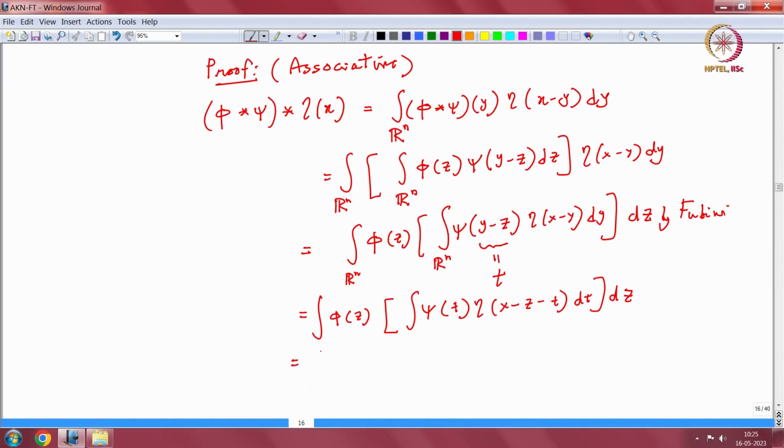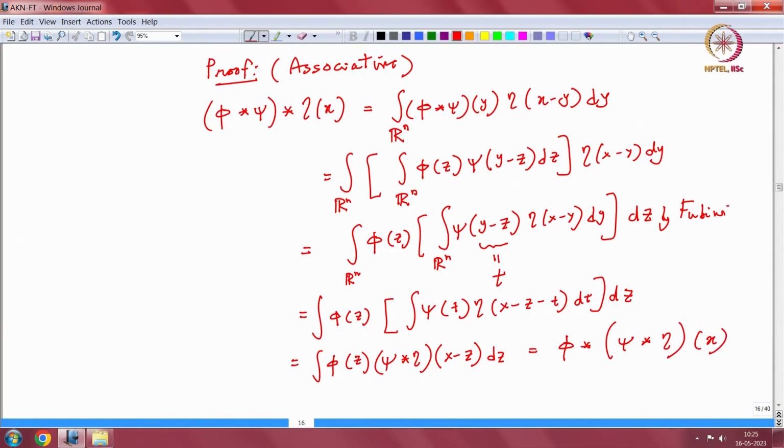And look at that: this is nothing but phi of z, and what is this? This is nothing but psi star eta evaluated at x minus z, dz, and that is nothing but phi star of psi star eta at x. So, you have that proof immediately.